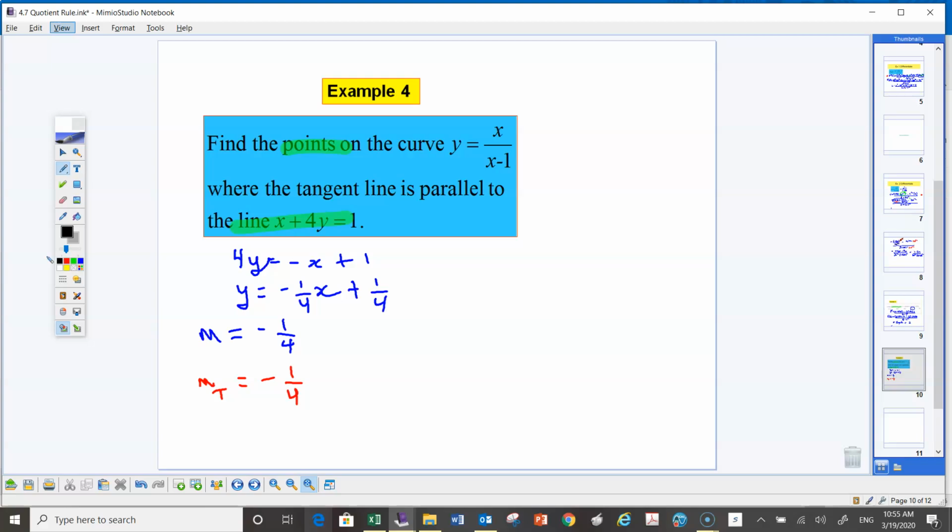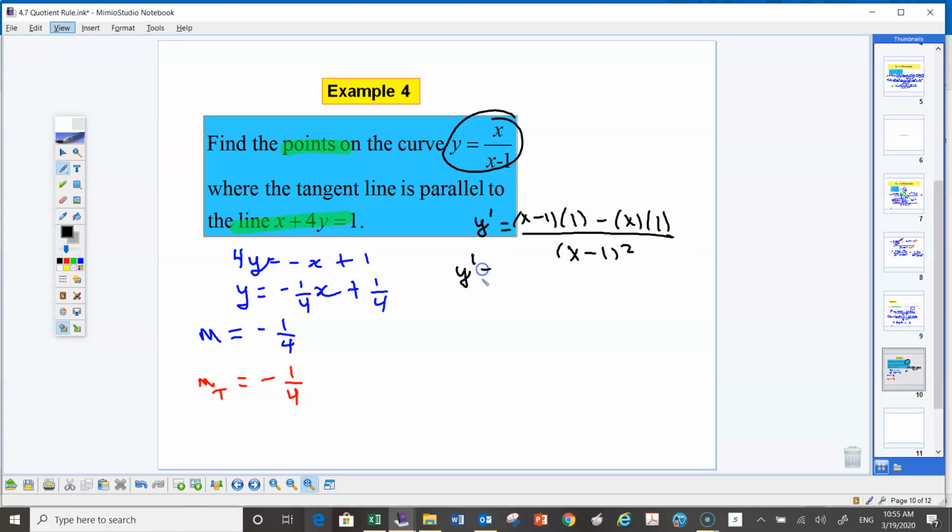Now, when you're given a function to find a representation for the slope of the tangent line, I simply take the derivative. So y prime, using the quotient rule, is the bottom times the derivative of the top minus the top times the derivative of the bottom all over the bottom squared.